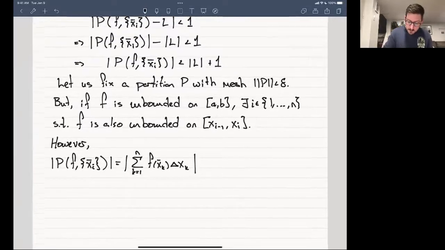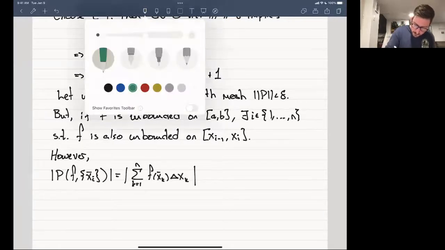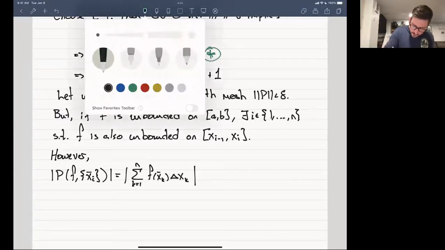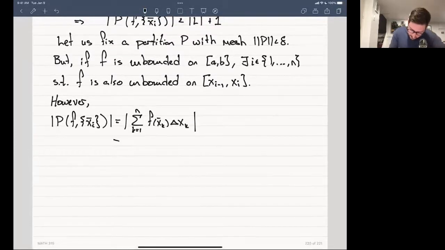Well, I can use the same trick that I used right here, where I distribute over the subtraction. And what I can say now is that this thing is greater than or equal to a huge absolute value.